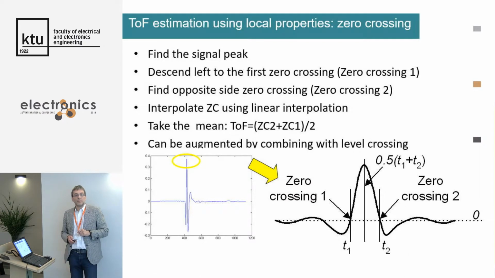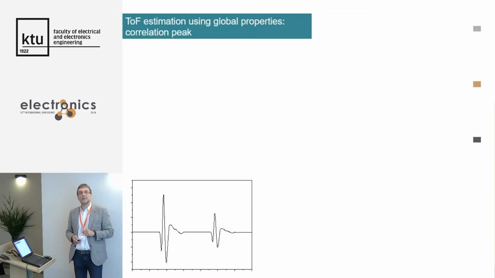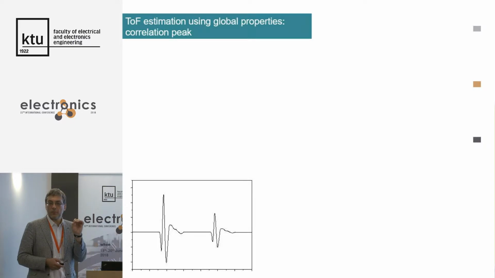But the problem with all these techniques is that not all of the signal is explored, because once you are taking the zero crossing, or the peak position, or a threshold at some level, only this tiny piece of the signal defines the quality of your measurement.